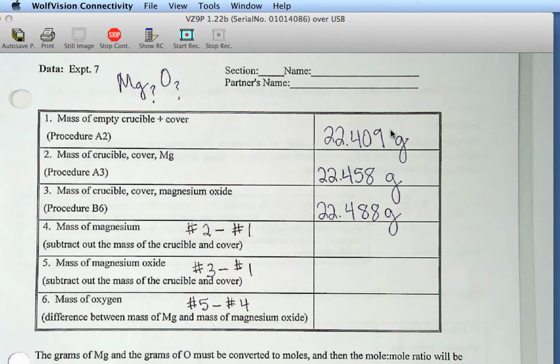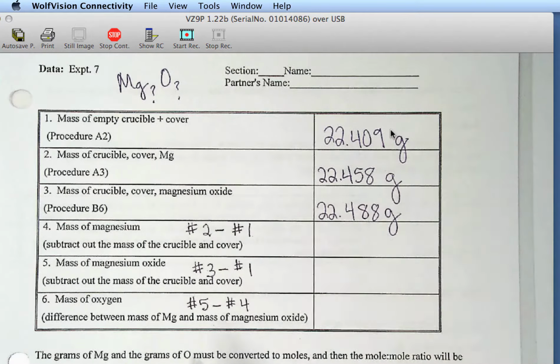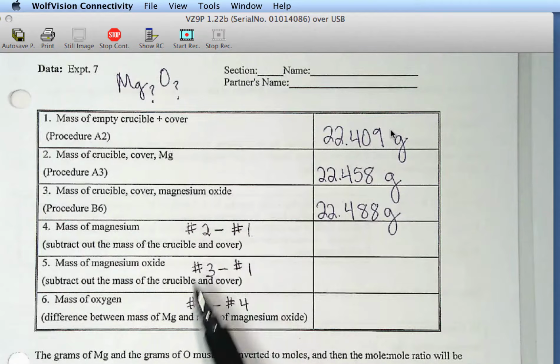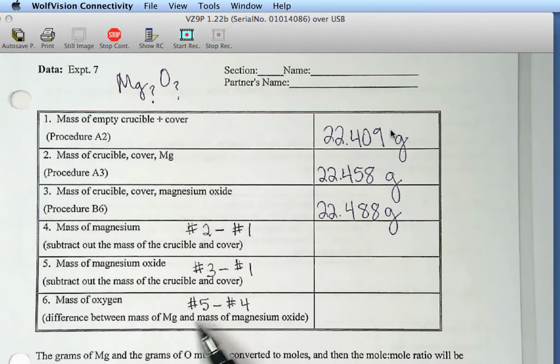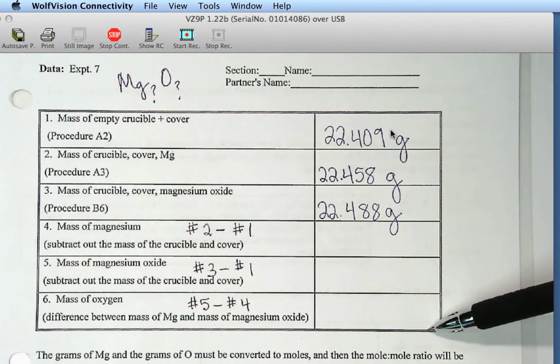So you're weighing the reagents before and after. To get the mass of magnesium, you subtract number 2 minus number 1. The mass of magnesium oxide is number 3 minus number 1. The mass of oxygen is number 5 minus number 4. With these last 3 entries, watch your sig figs.